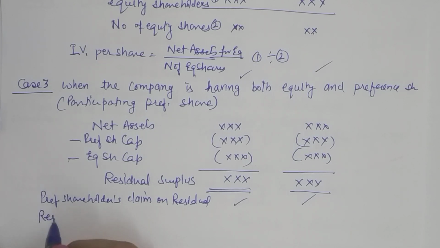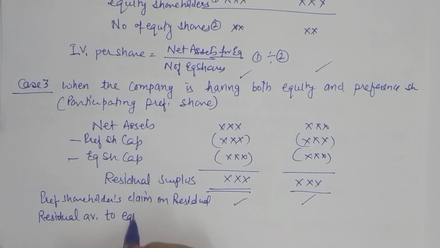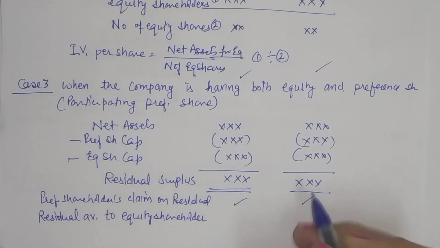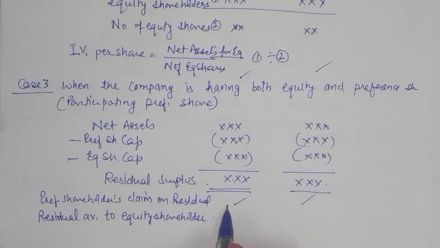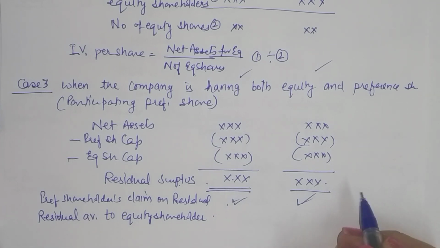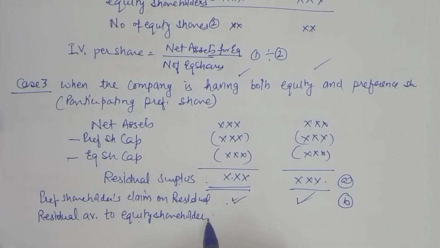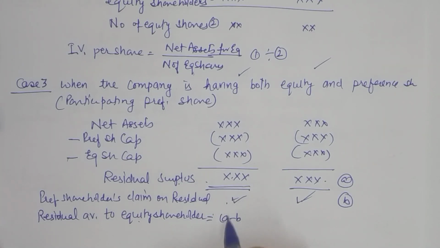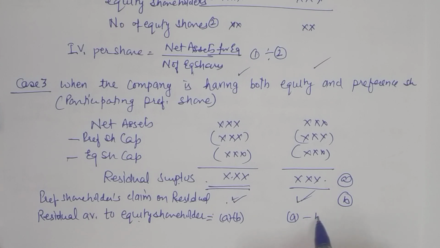Now we'll be getting residual available to equity shareholders. So how much is available to equity shareholders? This is the surplus in total, A. Out of this, if we deduct preference shareholders claim, B, this will be residual available to equity shareholders, A minus B. So what is the total equity shareholders funds?